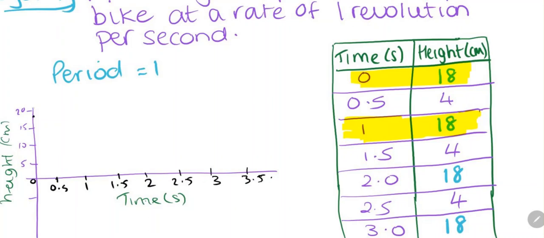So 0, 18, and then 0.5, 4, 1, 18, 1.5, 4, 2, 18, 2.5, 4, and 3, 18.